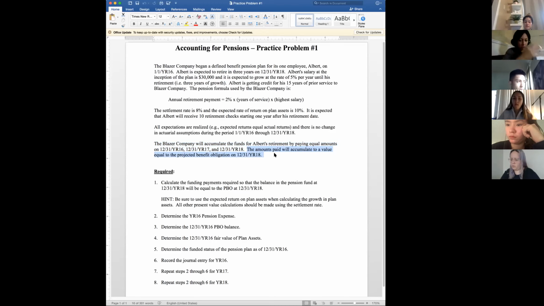All right, so number 1, calculate the funding payments required so that the balance in the pension fund at December 31/18 will be equal to the PBO at December 31, year 18. So give it some thought.